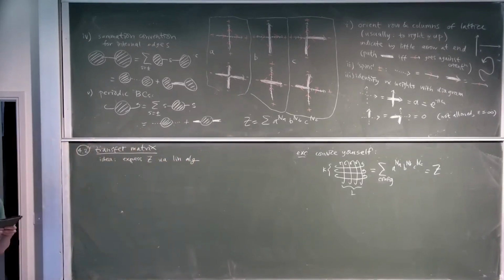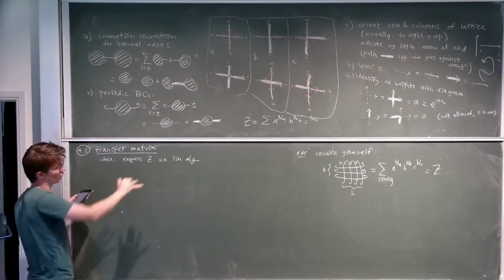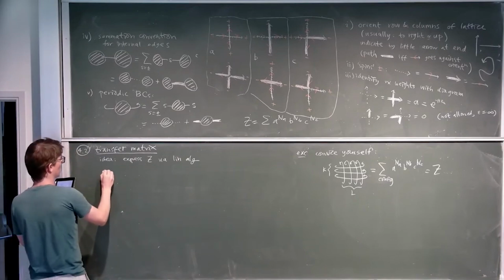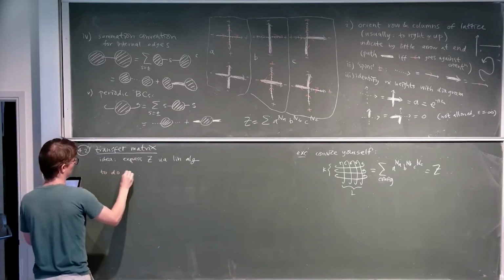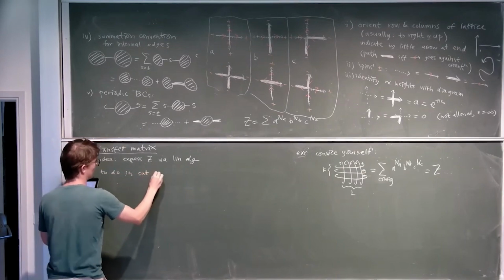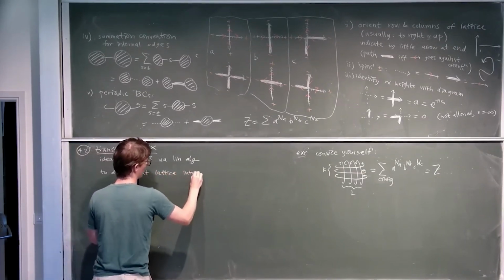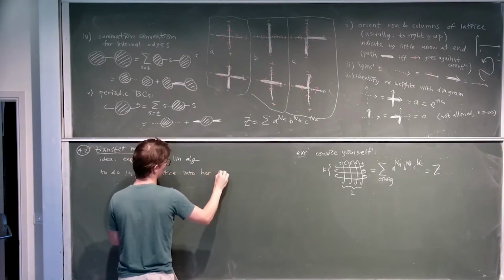Which of course is good. Then you can just put it in a computer and you can at least compute examples. And to do this, we're going to cut up this lattice in some ways. So to do so, cut the lattice into slices horizontally. So horizontal slices.